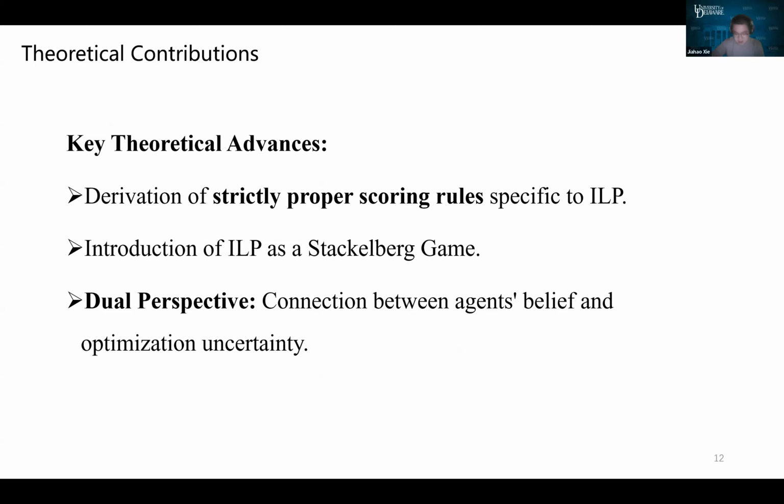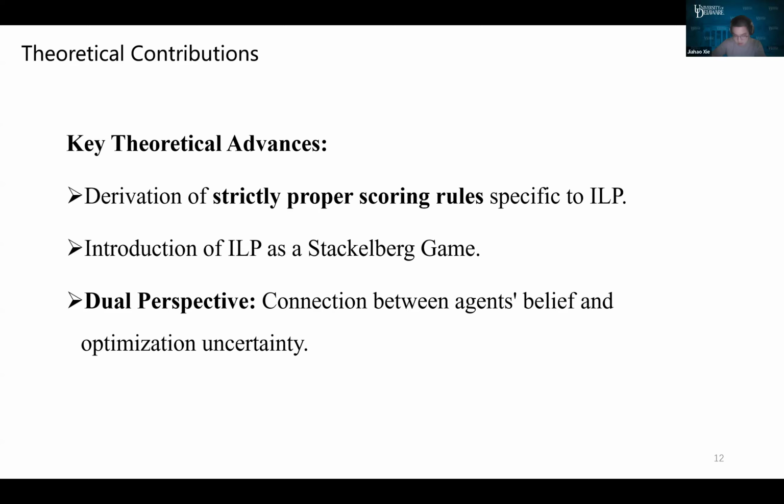In fact, this paper has made several key contributions to the field of inverse optimization. First, it derives novel scoring rules that are specifically designed for inverse linear programming. These scoring rules are strictly proper, which means they ensure agents are motivated to be truthful in their reports.